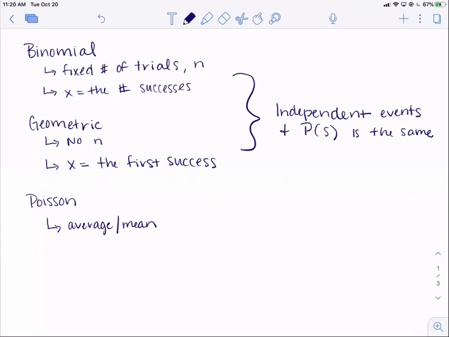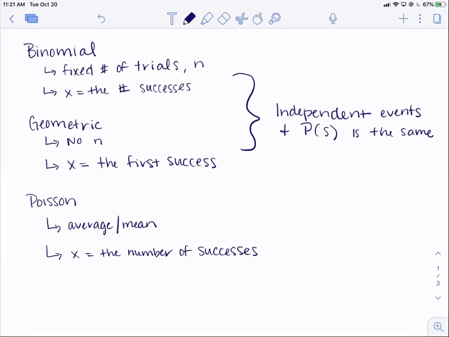And then your x value, it's not really the number of successes, but we'll say the number of successes. So that's what makes it special.